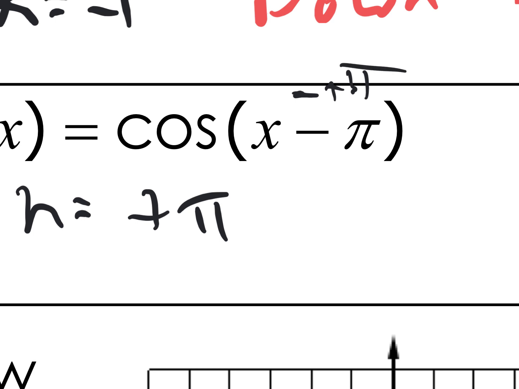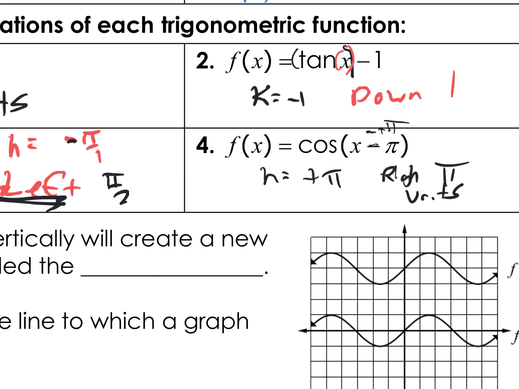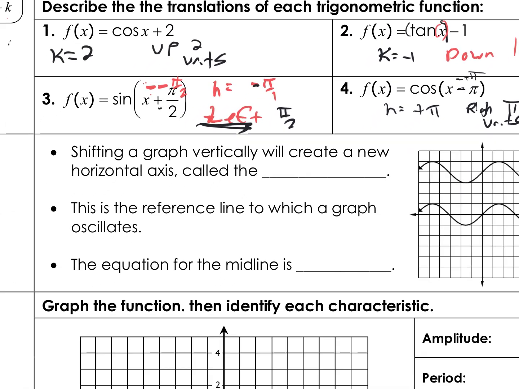And minus of a positive just turns into a minus. Which means what? Right pi units. You guys should be paying attention closer than that. Trust me, all your talking doesn't help you sink anything in.